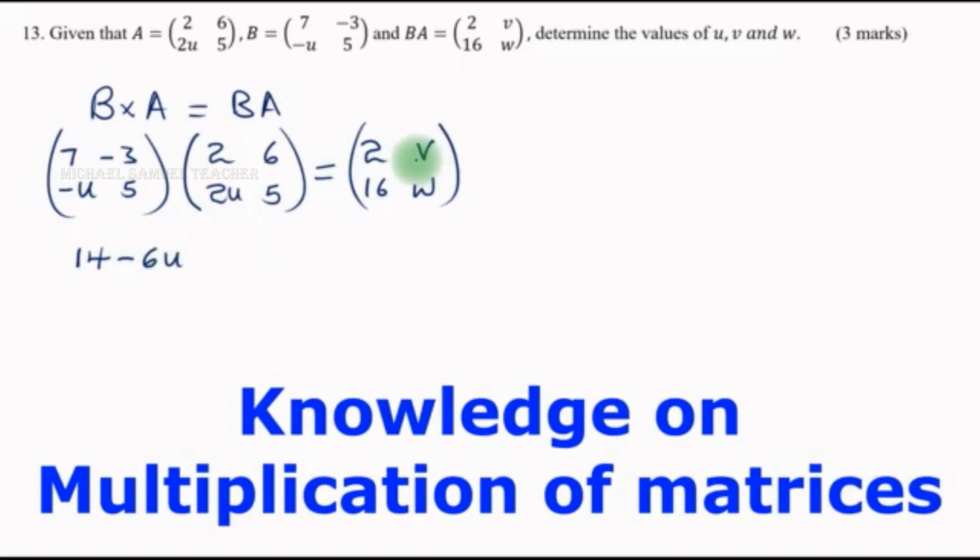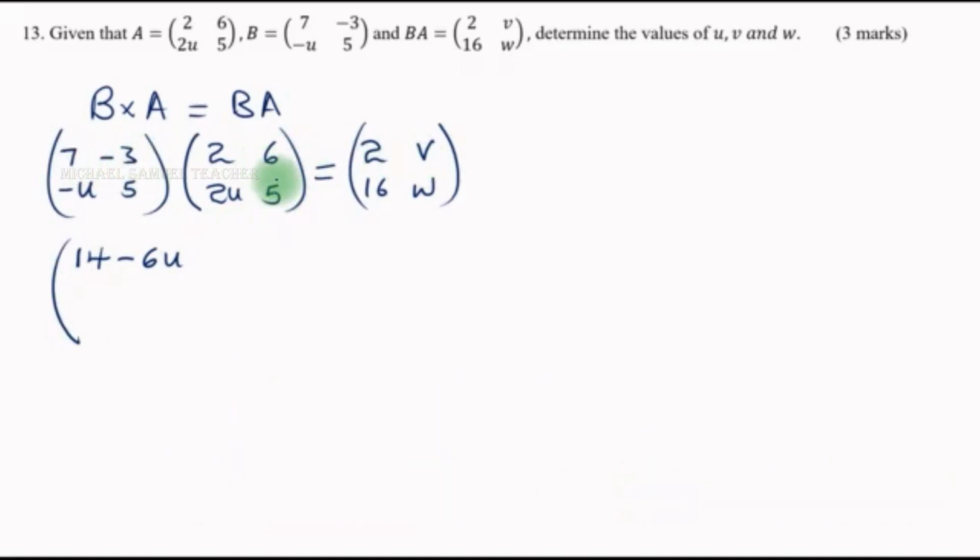Then to get v, multiply the first row and the second column. Means 7 times 6, 42. Then minus 3 times 5, that will be minus 15.